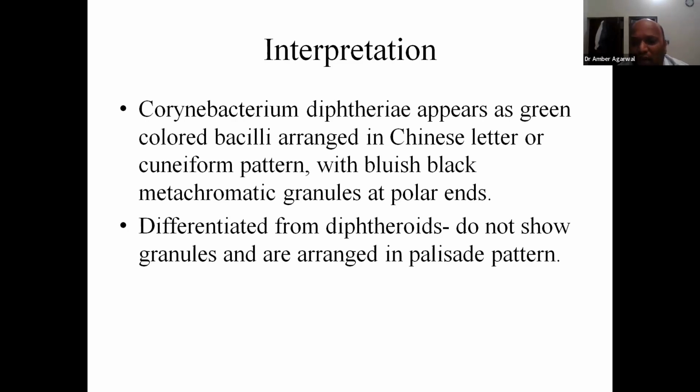If I have to say whether it is a diphtheroid or Corynebacterium, I always say that if those bacilli are parallel to each other everywhere, then they are diphtheroids, because Corynebacterium will not always be parallel, but diphtheroids are always parallel. So this is one way of differentiating.